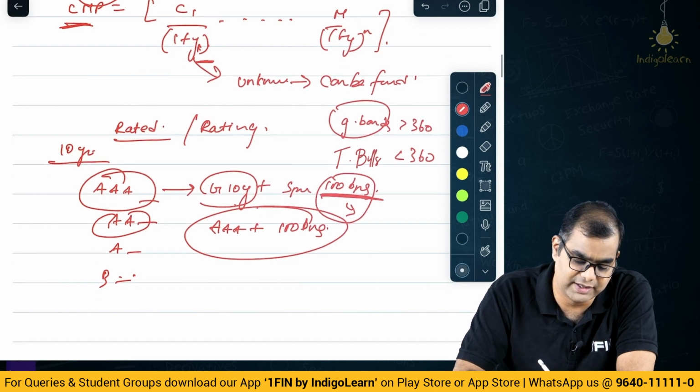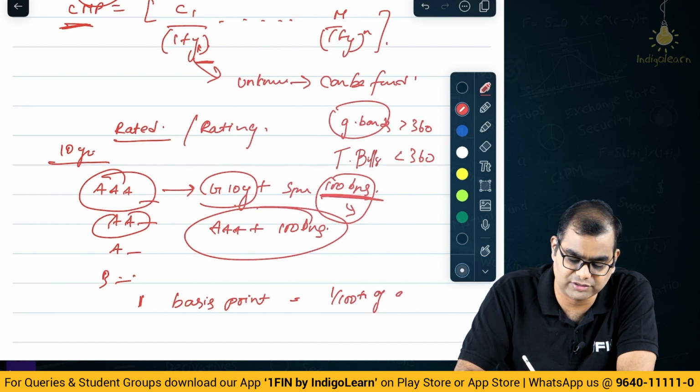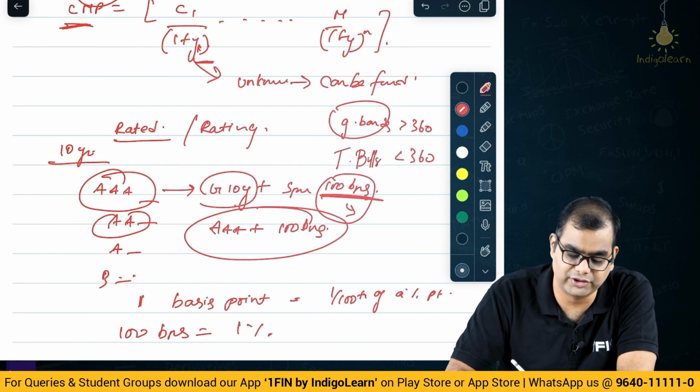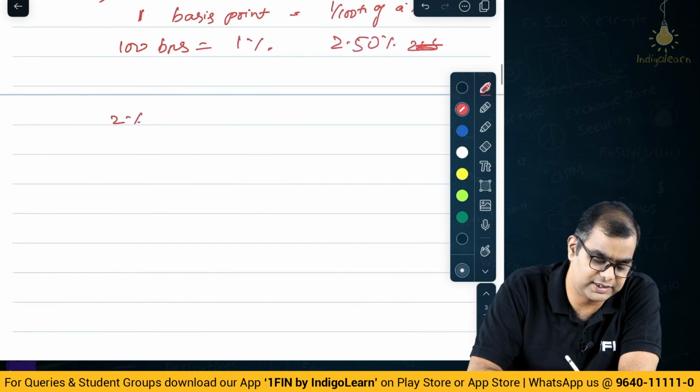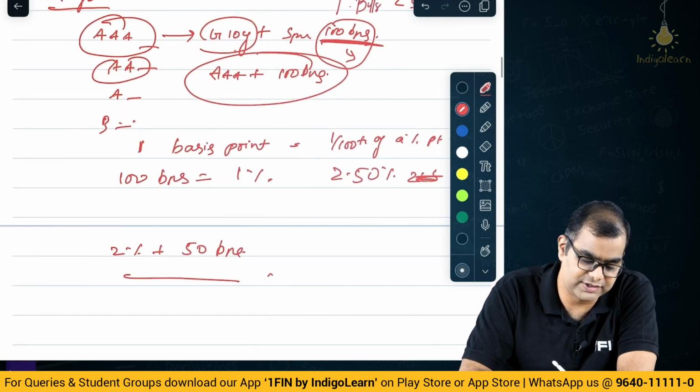What is a basis point? 1 basis point is equal to 1 by 100th of a percentage. That is, 100 bips is equal to 1 percentage. So when you talk about 2.50%, you basically say 2% plus 50 bips. Okay, so this is what a basis point is.